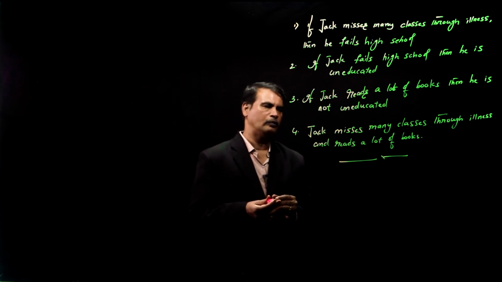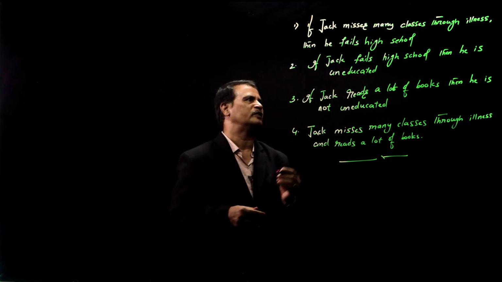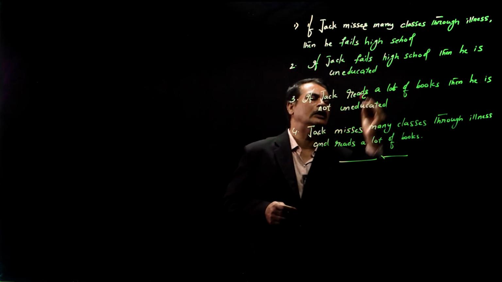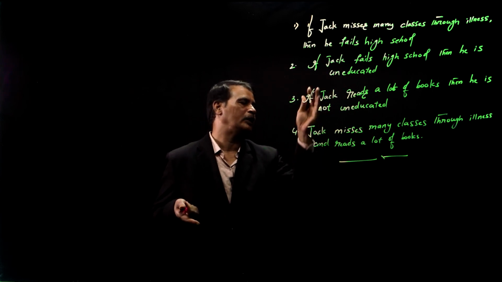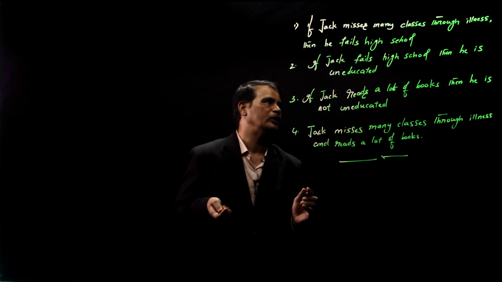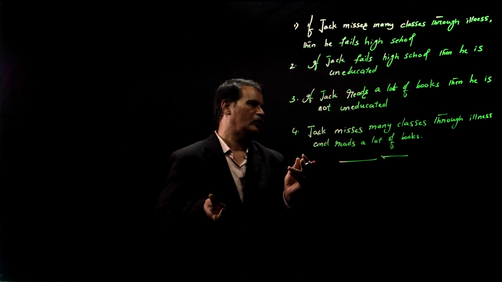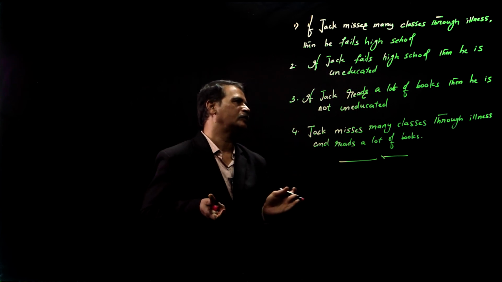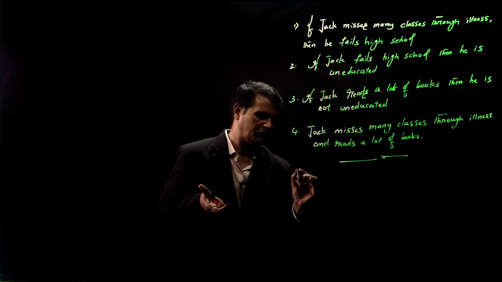The first sentence is Jack misses many classes through illness. There are 4 lines given. Among these lines, how many different sentences are there? First, you have to bifurcate. What is the first statement?